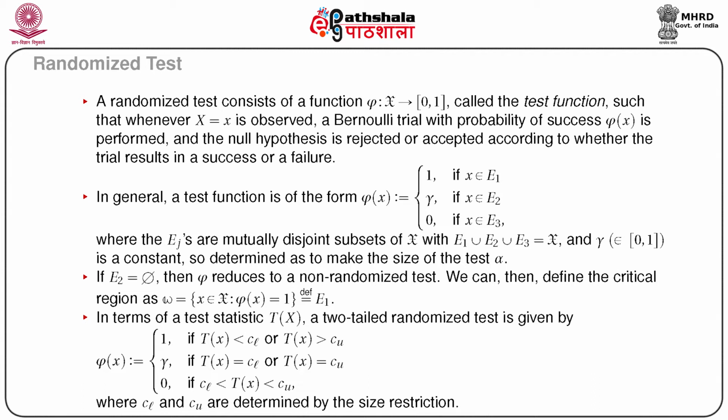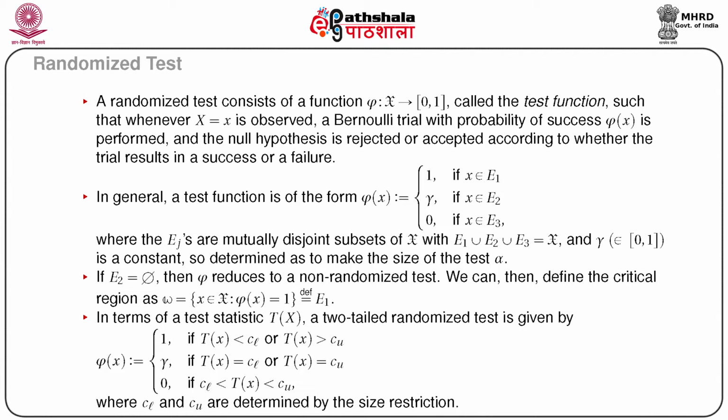In general, a randomized test is of the following form. Phi x equals 1 if the sample point x belongs to a region E1, say, equals gamma if x belongs to E2, and equals 0 if x belongs to E3, where gamma is a constant lying between 0 and 1.